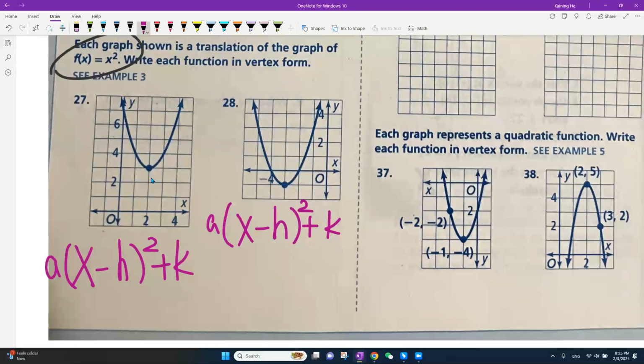Yes, exactly. Okay, so the vertex is 2 comma 3. Wonderful. So 2 comma 3. Now let's go ahead and say, x minus 2 or plus 2? It would be x, wait, hold on.